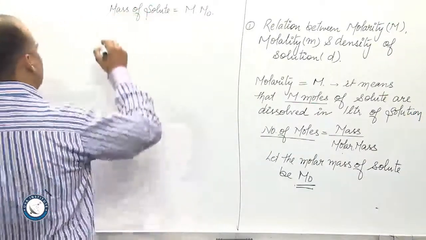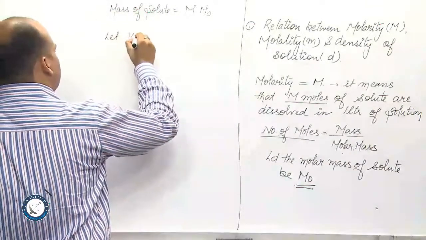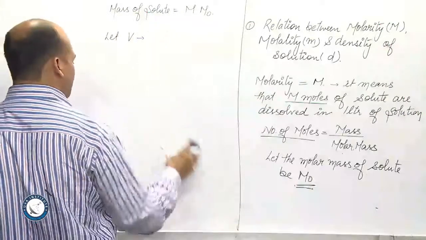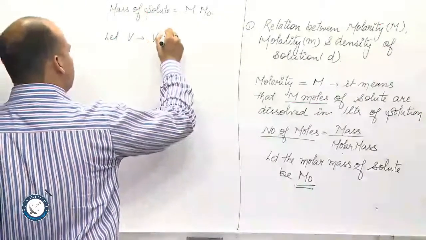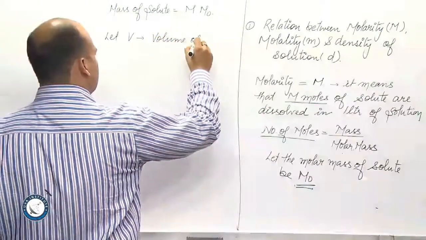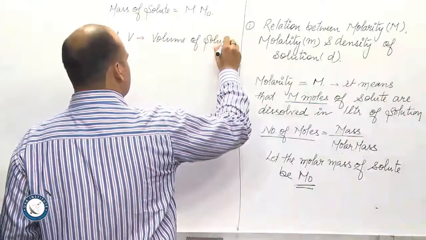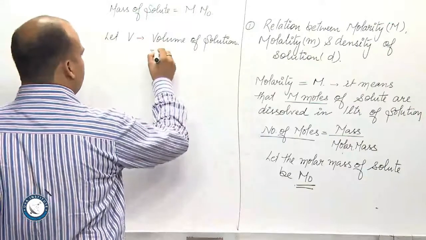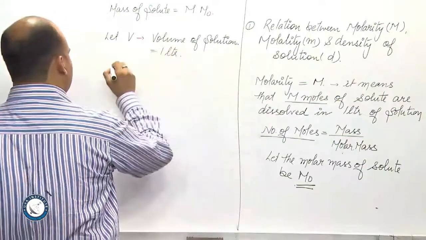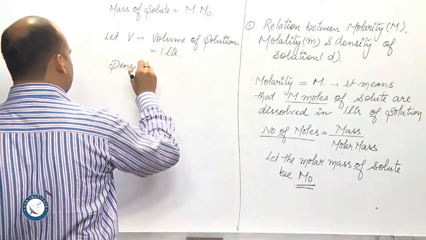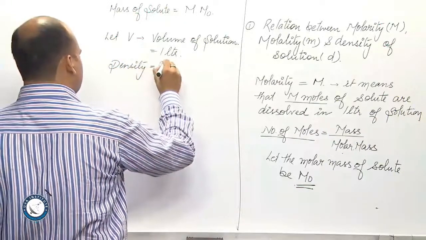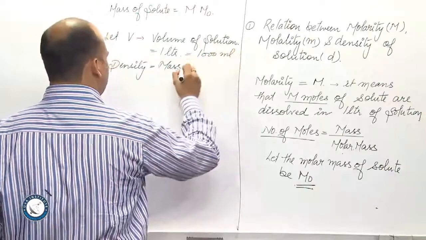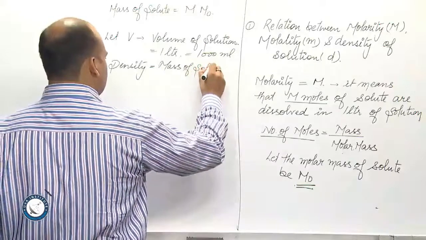Now, let V be the volume of solution, which is taken as 1 liter, or 1000 milliliters.